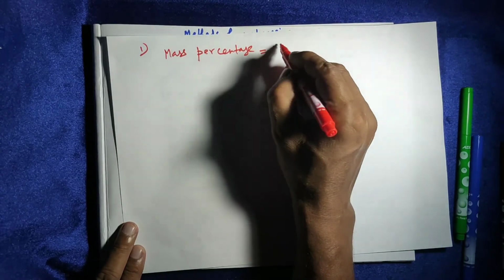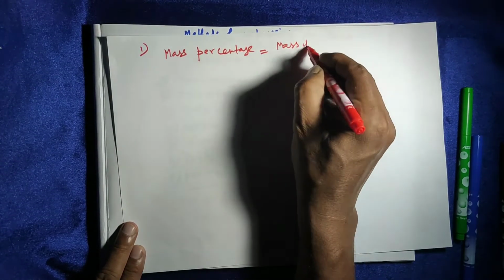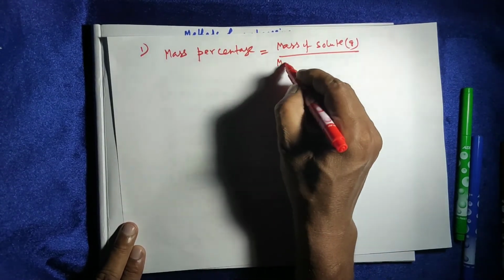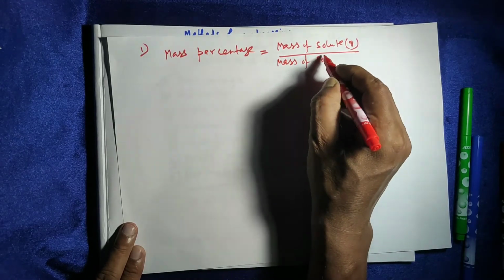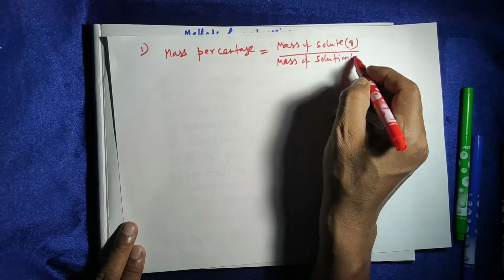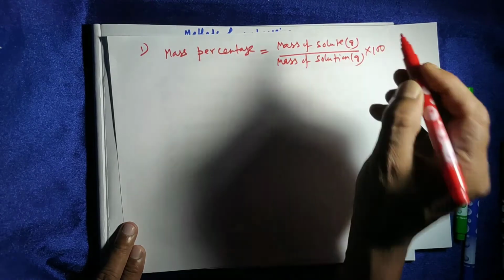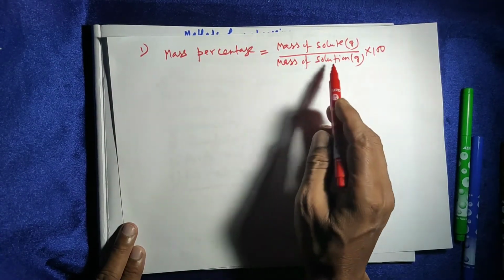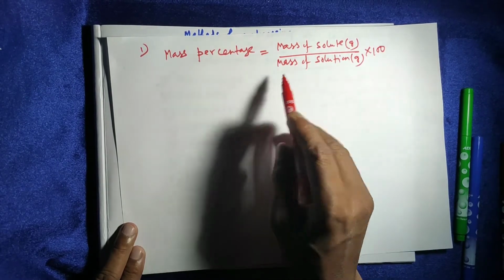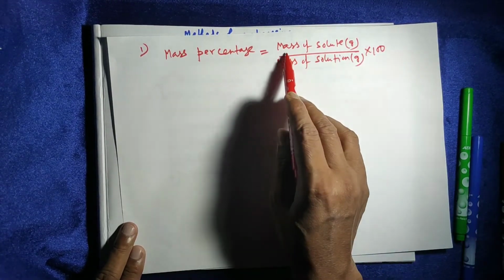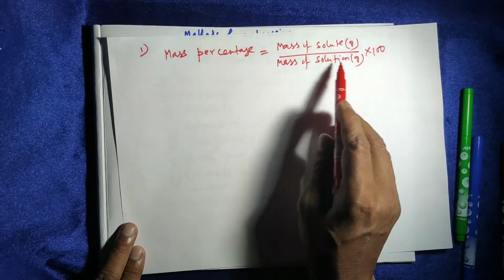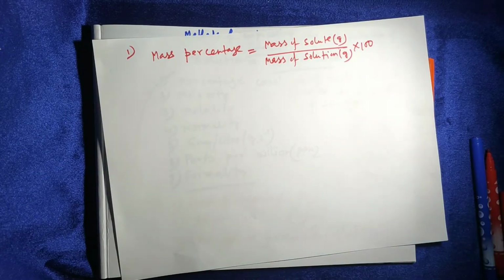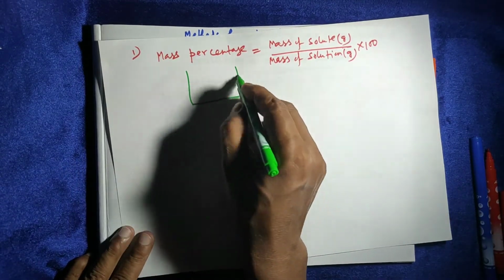Actually, this is the mass of solute in gram by mass of solution in gram into 100. So it is the mass of solute present in 100 gram solution. Let me explain it.